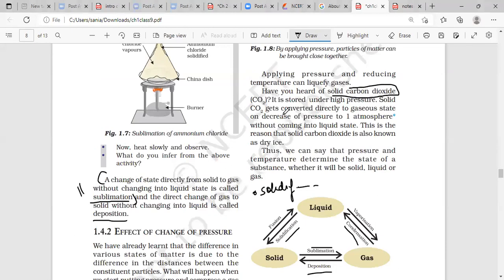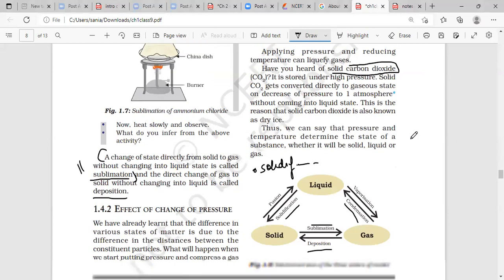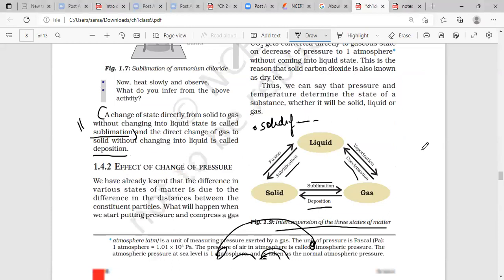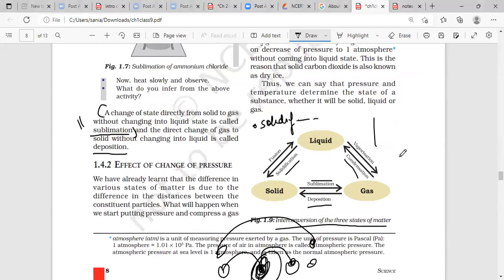So when you have a refrigerator in your home, and you have an ice tray as well, in that ice tray there are ice cubes. You fill the water, and after some time the water you kept converted into ice cubes, right? In the freezer of the refrigerator.